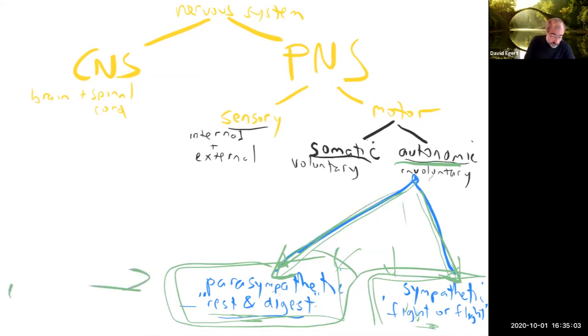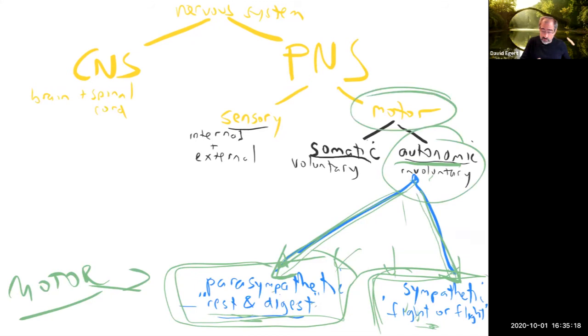They're both motor. Sometimes people get confused, like, what is the sensory part of the sympathetic? That doesn't make sense. Sympathetic is a subdivision of the autonomic subdivision of the motor subdivision.